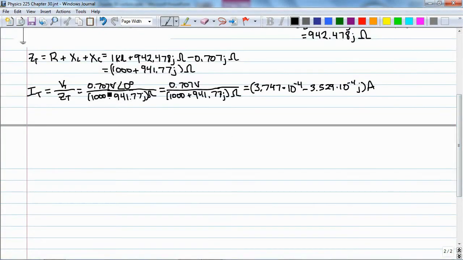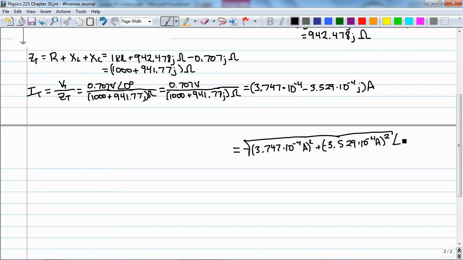And now, because it's a current, I need to convert this into my phasor form. So it's going to be the square root of 3.747 times 10 to the minus 4th amps squared plus, I put a negative, 3.529 times 10 to the minus 4th amps squared.